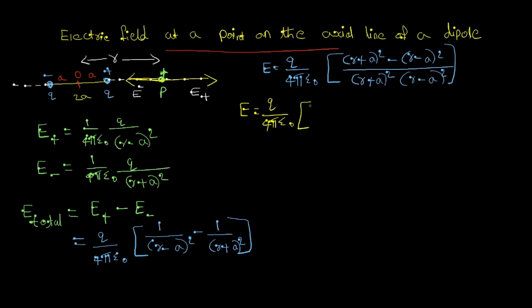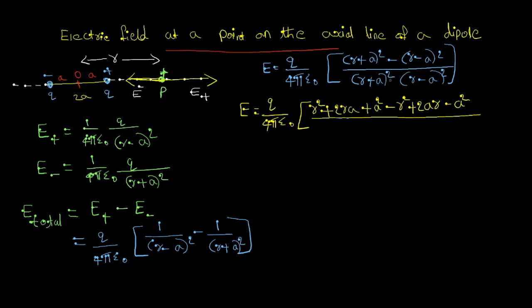So we get r square plus 2ra plus a square, minus r square, plus 2ar (minus into minus gives plus 2ar), minus a square, divided by (r plus a) the whole square into (r minus a) the whole square.